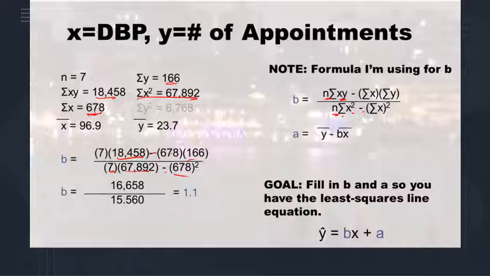Notice how these are a little bit different. It's the same concept as last time, when I told you that these are totally different things. This is squaring the sum of the x's, and this one is squaring each of the x's and then taking the sum of those. They're totally different numbers that we have to put together.